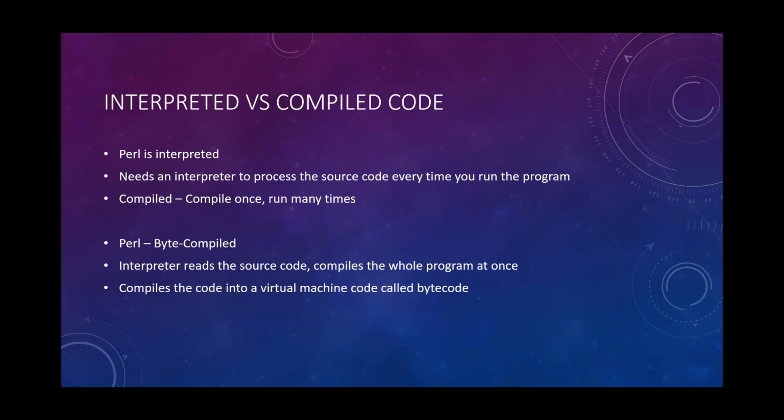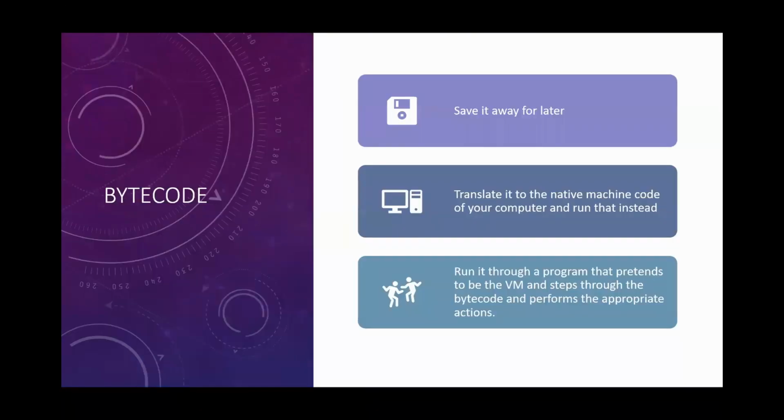The interpreter is going to read the source code, but it compiles the whole program at one time. What it compiles it into is something called bytecode, which is read into a virtual machine kind of environment.